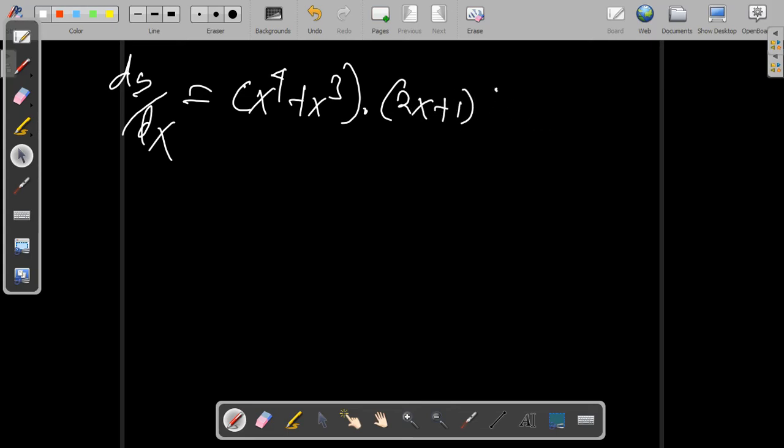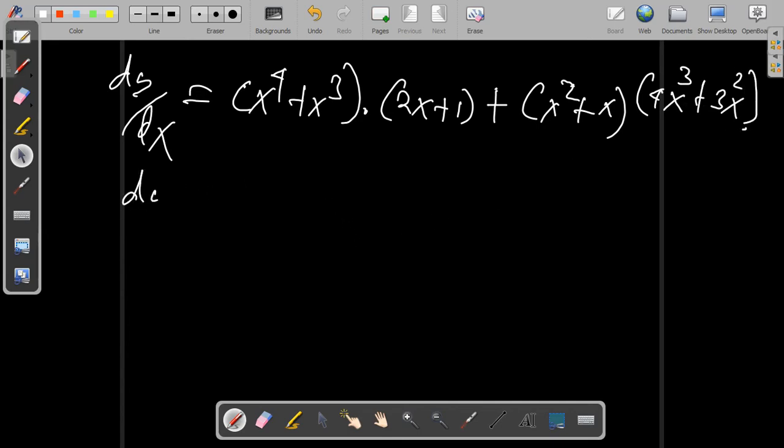Then we plus again v, the constant v that we have, that is x squared plus x, times du over dx, that is 4x raised to power of 3 plus 3x raised to power of 2.